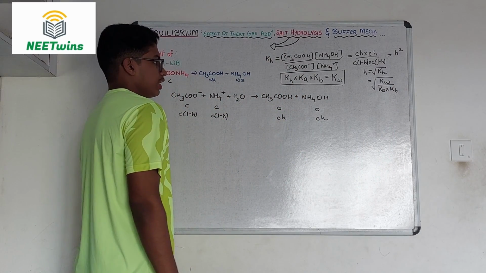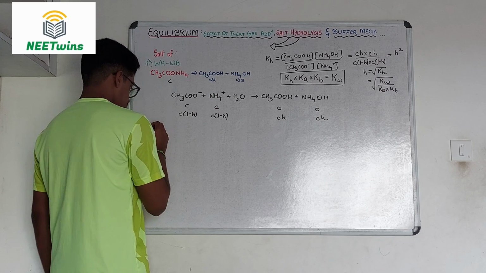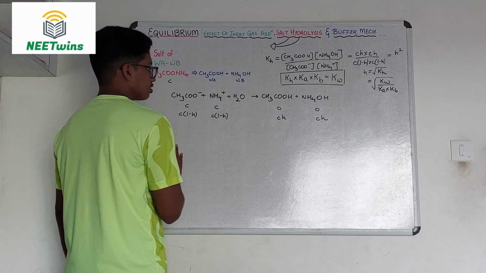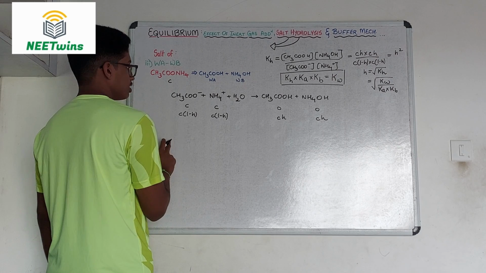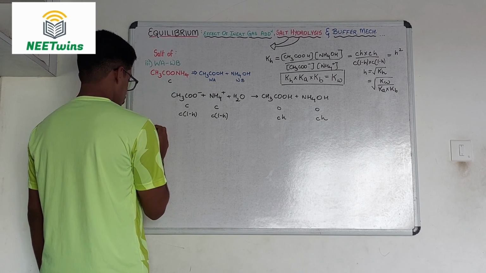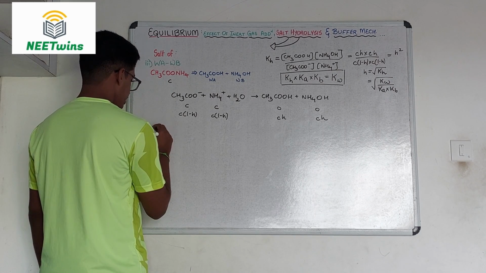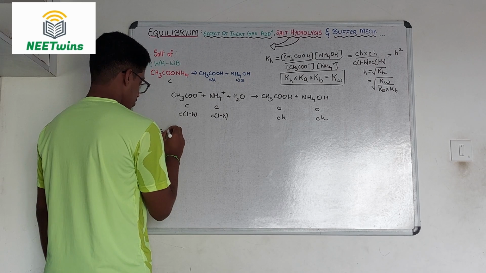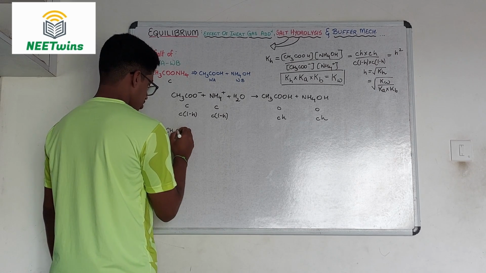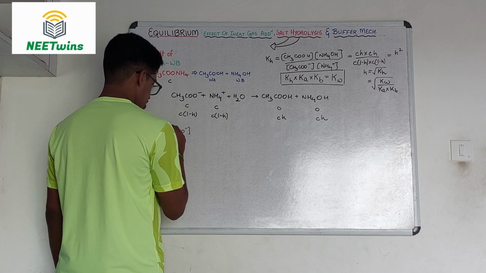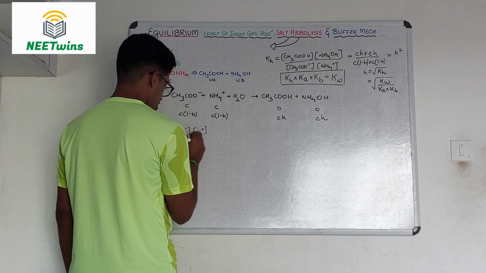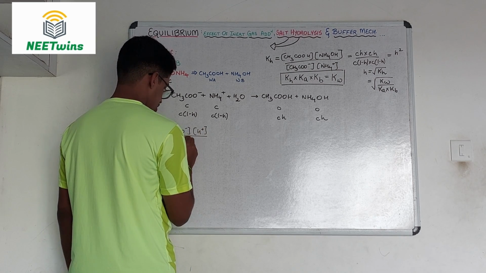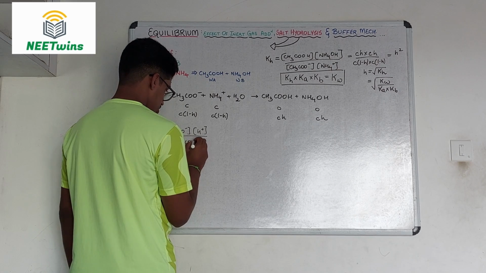So next we have to find pH. So to find pH we need to have H plus concentration, and the easiest way to get H plus concentration would be from CH3COOH. So writing the Ka of CH3COOH, we get Ka is equal to CH3COO minus into H plus by CH3COOH.